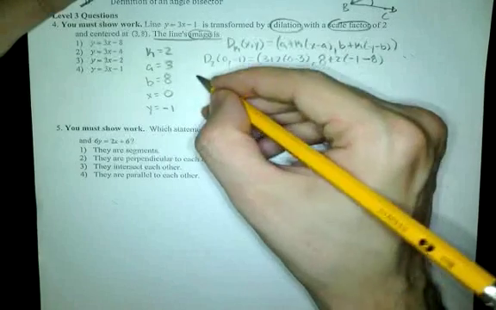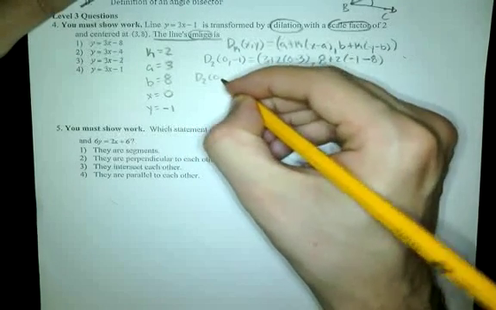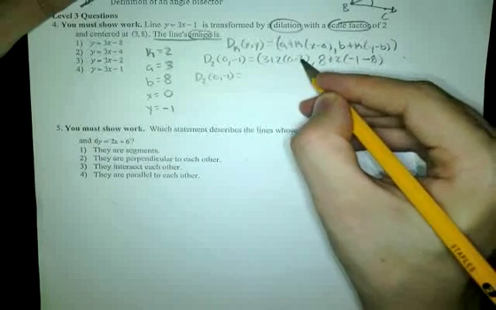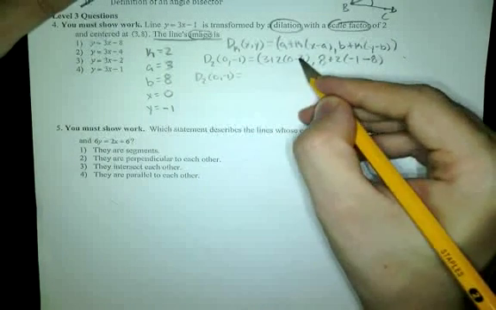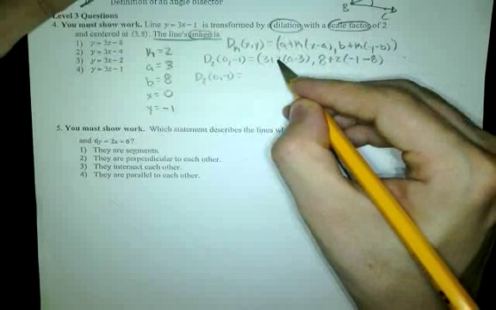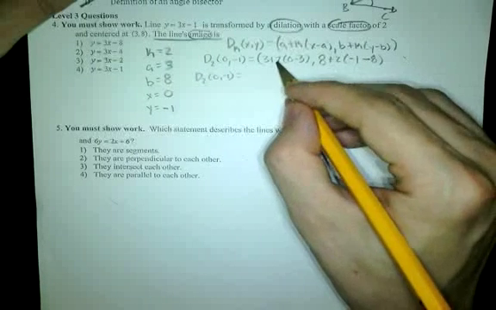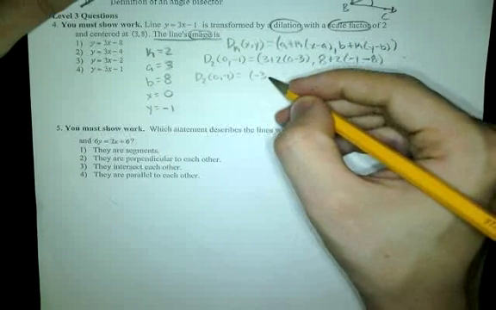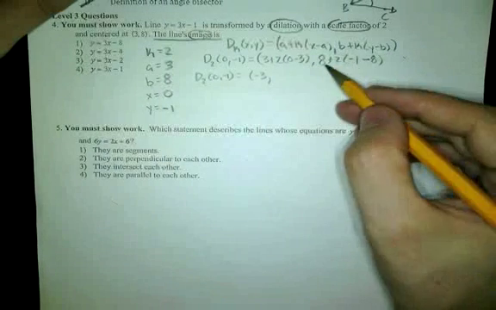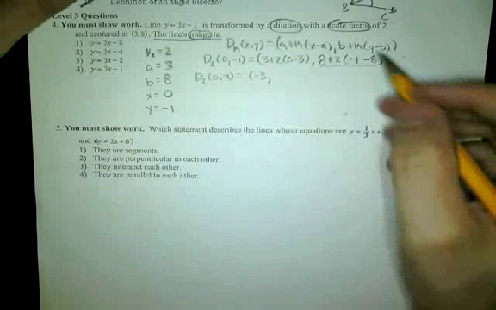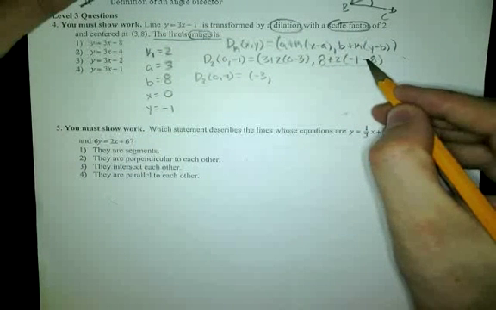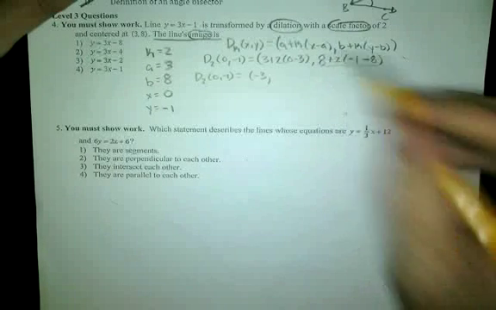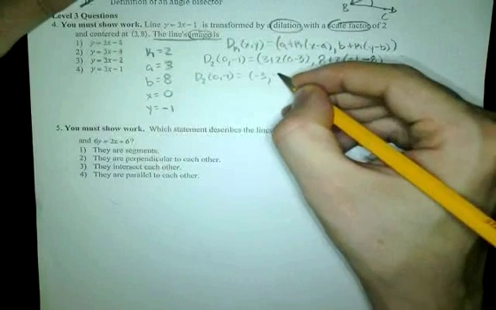This gives me D2 of (0, negative 1) is equal to 0 minus 3 is negative 3, times 2 is negative 6, and negative 6 plus 3 gives me negative 3, comma, and if you were to plug this into your calculator, this would give you negative 9 times 2 is negative 18, plus 8 gives you negative 10.